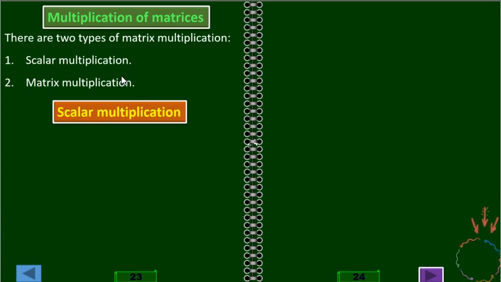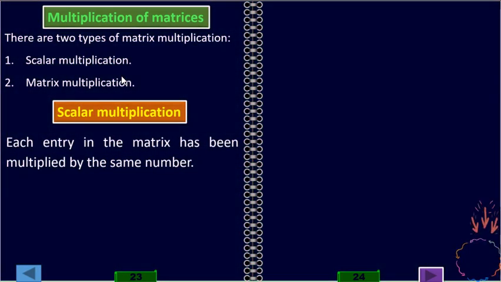Let's take the first one, scalar multiplication. In a scalar multiplication, every entry in the matrix is multiplied by the constant outside the bracket. Every entry, every element, every member of the matrix is multiplied by the constant outside the bracket of that matrix.